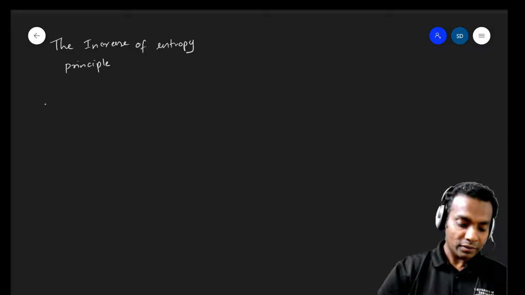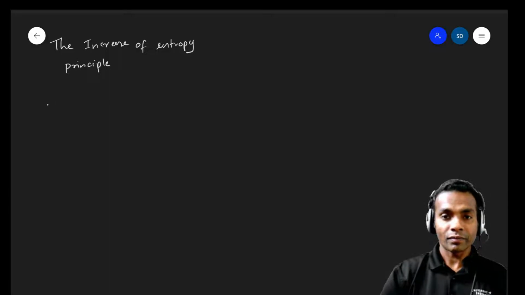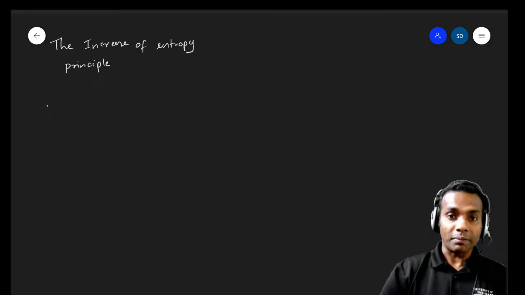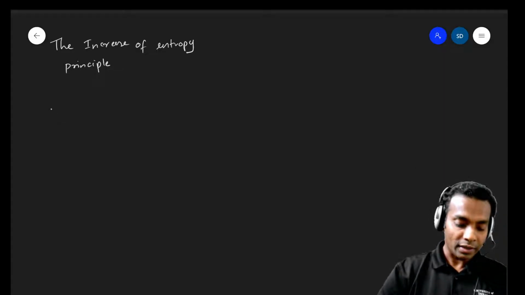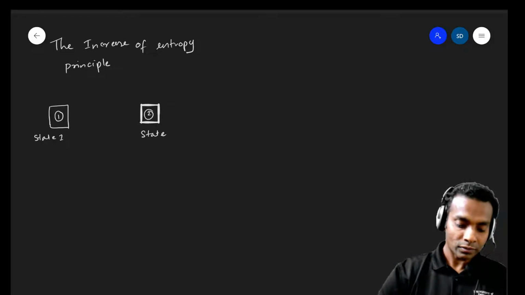First, we'll consider a system and a process and a reverse process. Here, the process of a system transfers the state 1 of the system to state 2, and it could be any process.